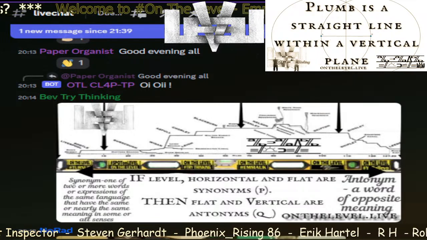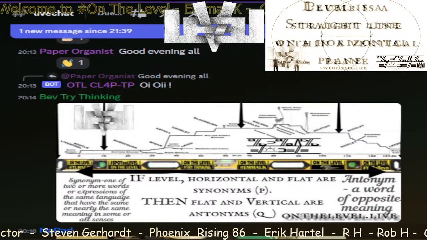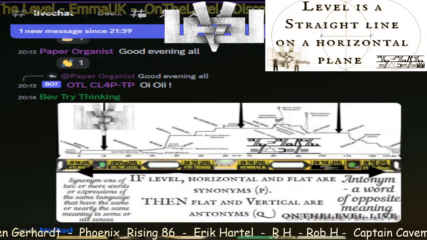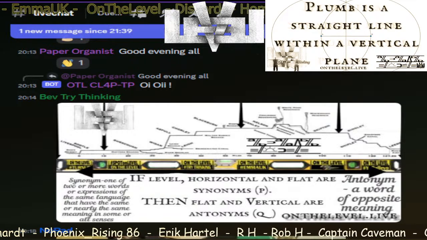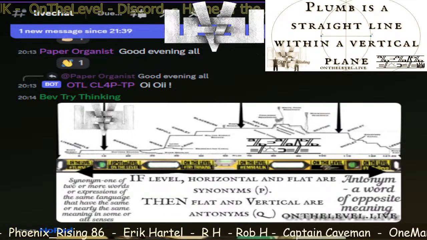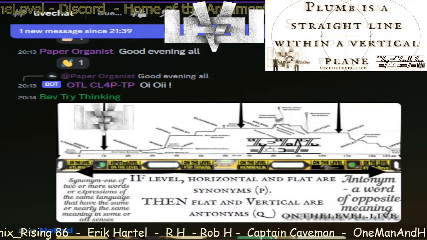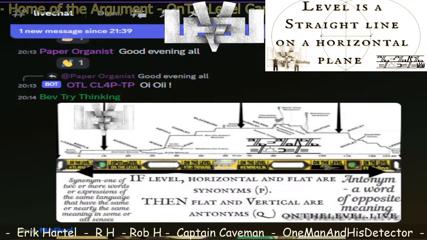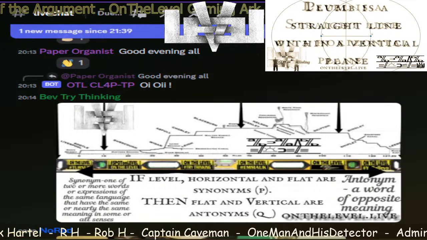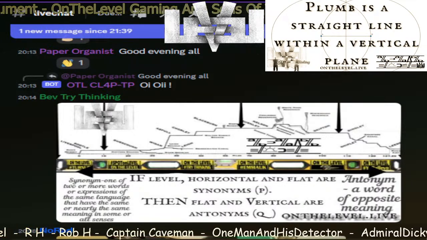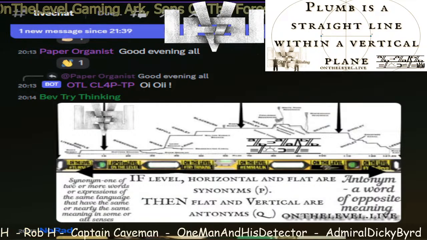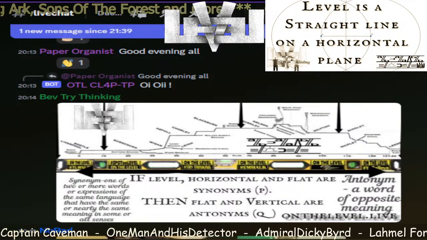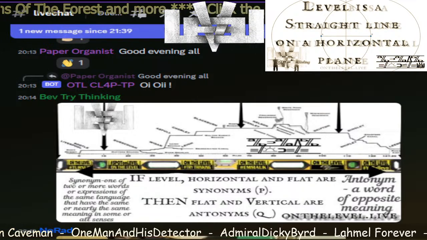And by the way, it is only partially true, because I would agree that flat and horizontal are not synonyms, and flat and level are not synonyms. But if you are using three of them, you disprove P, but you don't disprove that level and horizontal are synonyms.